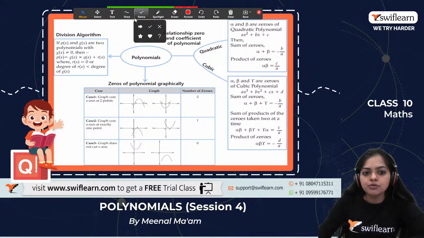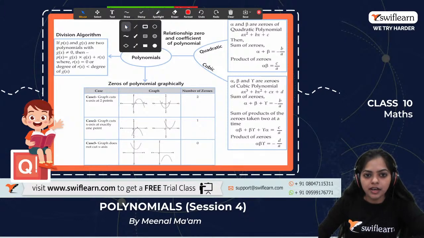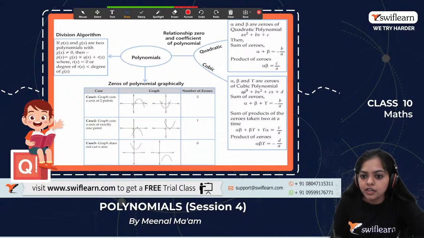Now let's move on to the cubic polynomial. The general form of a cubic polynomial is ax cube plus bx square plus cx plus d. If the zeros are alpha, beta and gamma, then the sum of the zeros is minus b by a. The sum of the products of the zeros taken two at a time, that is alpha beta plus beta gamma plus gamma alpha, is equal to c by a, that is, the coefficient of x divided by the coefficient of x cube.